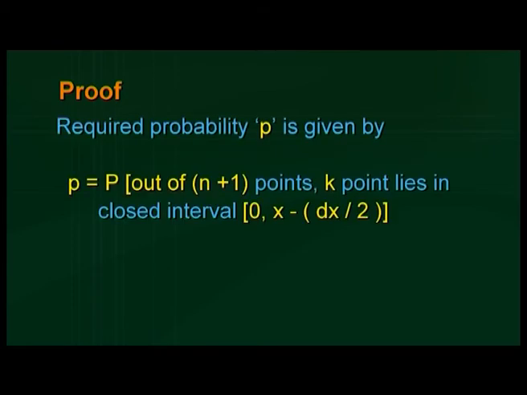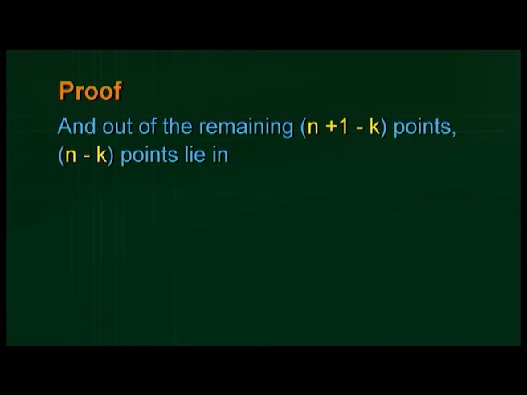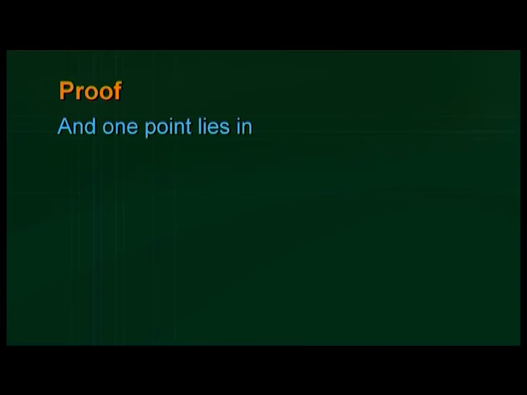Required probability P is given by the probability that out of n+1 points, k points lie in closed interval 0 and x - dx/2, and out of the remaining n+1-k points, n-k points lie in x + dx/2 and 1, and 1 point lies in x - dx/2 and x + dx/2.